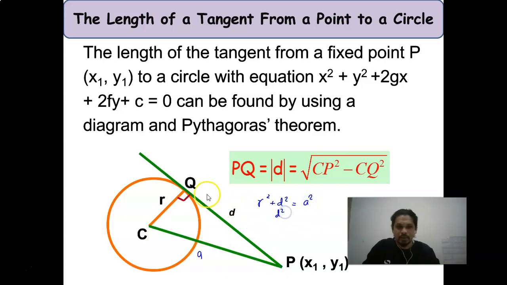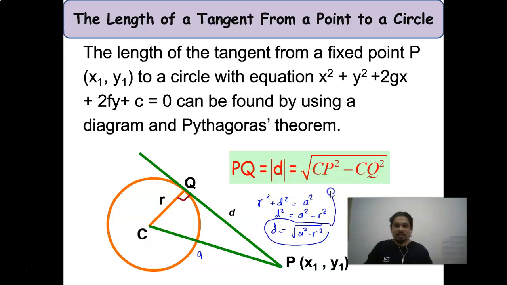So then D square from Q to P equal to A square minus R square. Then D equal to square root of A square minus R square. So this is the explanation of above here: CP square minus CQ square.